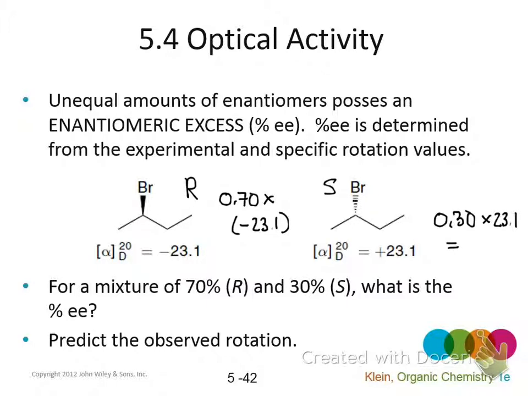Right, good. So I'm going to go 0.7 times 23.1 negative. That's negative 16.17.